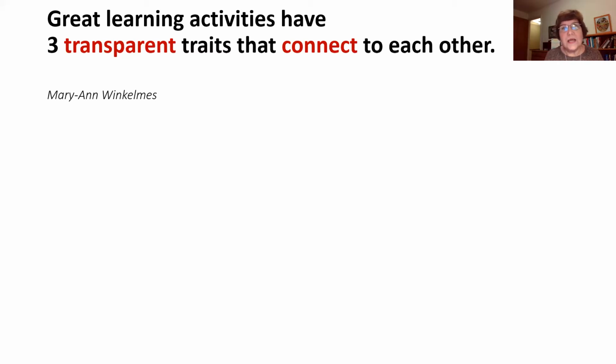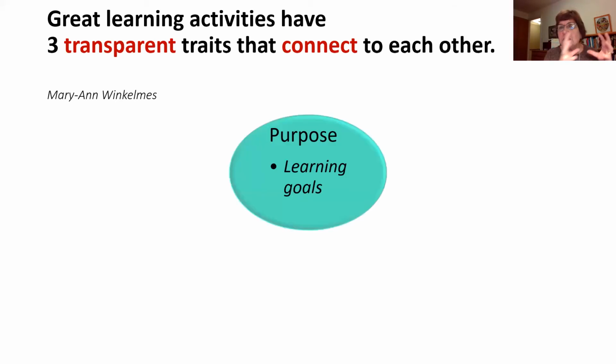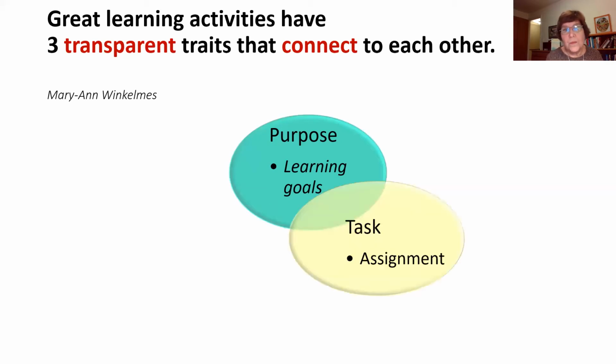What she says is that great learning activities or assignments have three transparent traits that connect to each other. The first one is every assignment should have a clear purpose, which means it should have clear learning outcomes. Everything you do, you should be able to connect, as we all talk about, to course learning outcomes and either program or gen ed learning outcomes also.